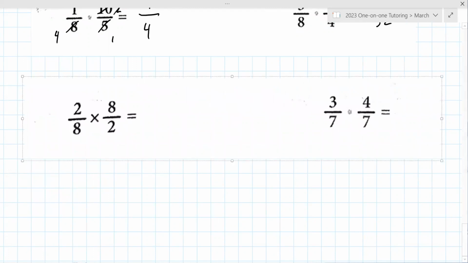About the one on the right there. Nothing to reduce. So 3 times 12. 7 times 7. 49. Yeah. Okay.